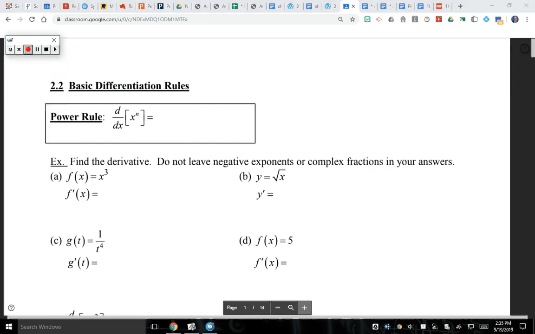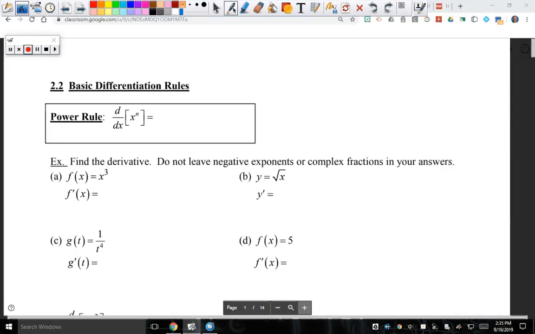Alright. So derivative rules, guys, the shortcut here is n times x to the power of n minus 1. Okay, so for instance, let's look at A. A has x cubed.